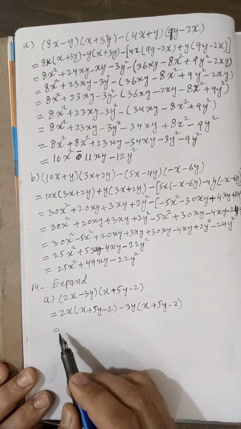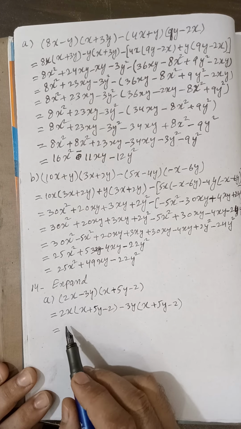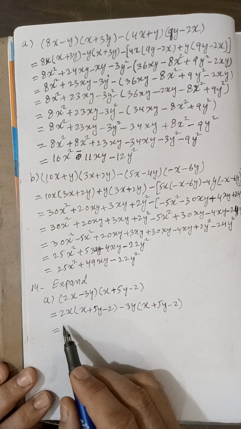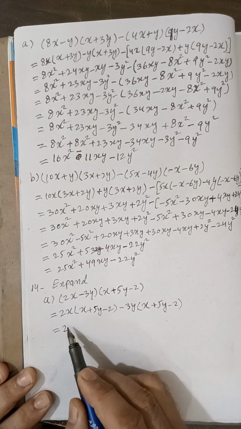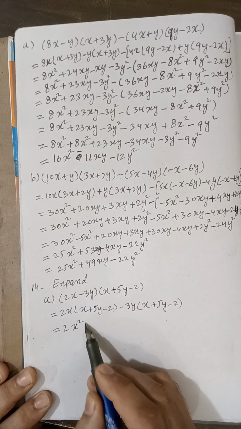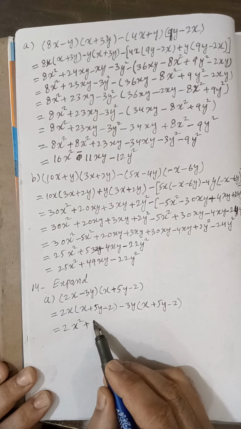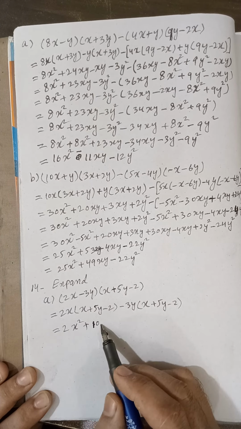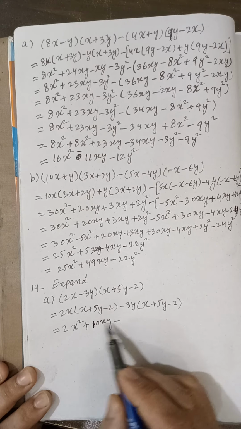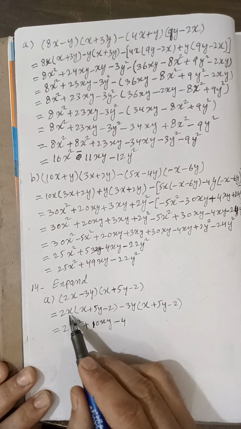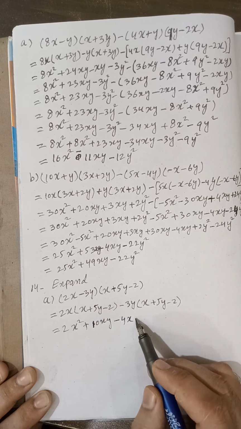Now you should multiply this. 2 ones are 2, and x multiplied by x is x square. Then 2 multiplied by 5 is 10, and x multiplied by y is xy. Then 2 multiplied by 2 is 4, and x is here.